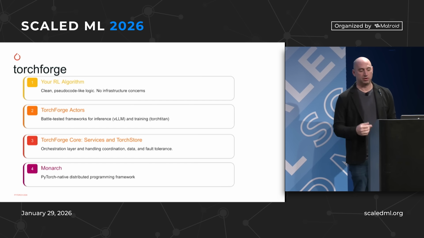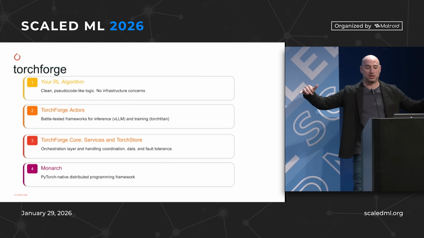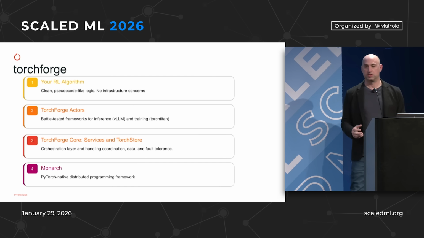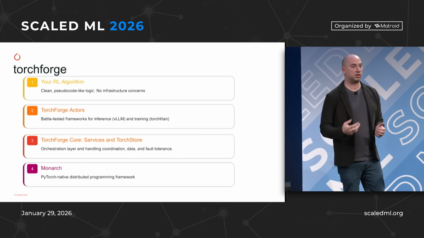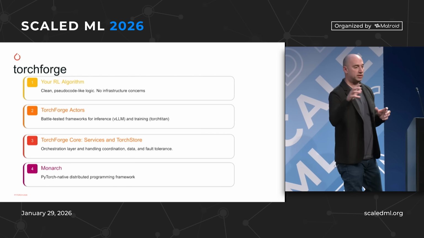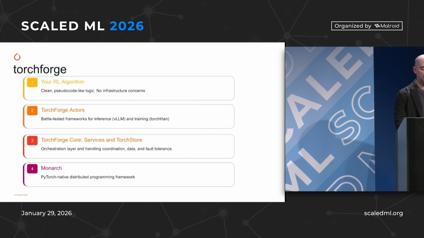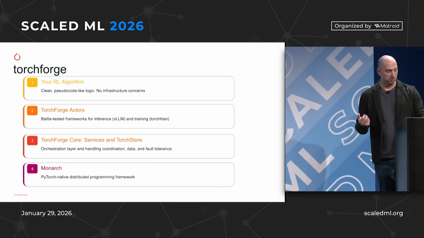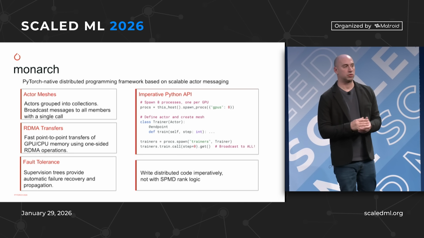TorchForge offers services, but also underneath something called TorchStore, which accelerates that weight sync I talked about. It moves things in a high-speed way with low latency as well as fault tolerance. So when you're shifting weights all over these systems, TorchStore handles that for you. And then the programming model, which I get to now, is Monarch. This is a really cool project.